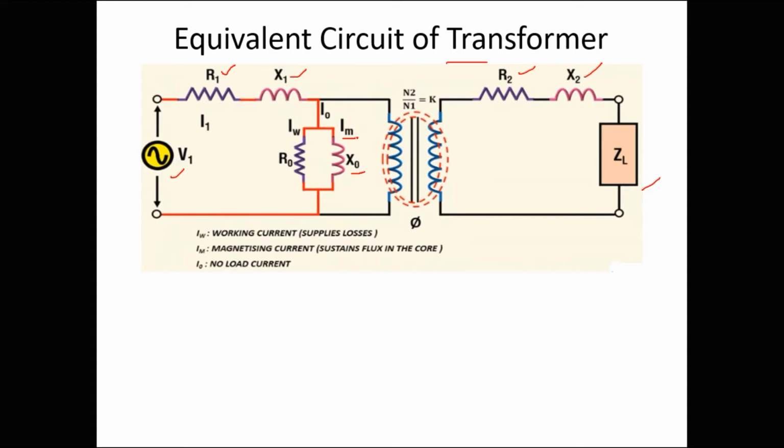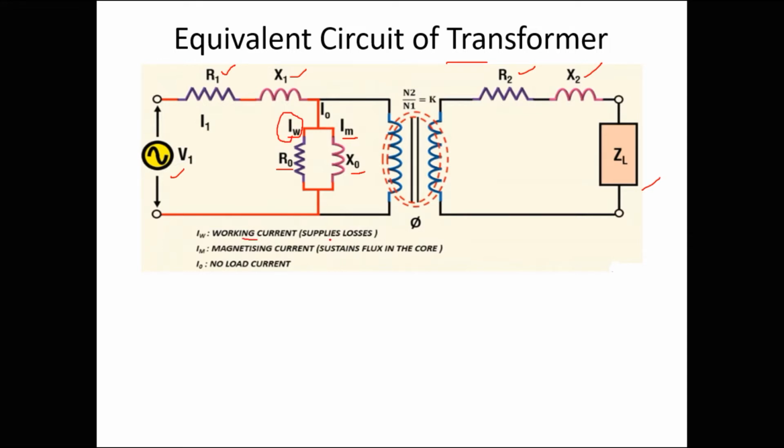We have many losses in a machine, especially three losses, and we can categorize them into fixed and variable losses. The fixed, that is constant, loss cannot be eradicated completely from a machine by any means, so that loss consumes real power. Because of that real power consumption, we indicate the presence of constant loss by R0, and the current flowing through R0 is IW, that is the working current.